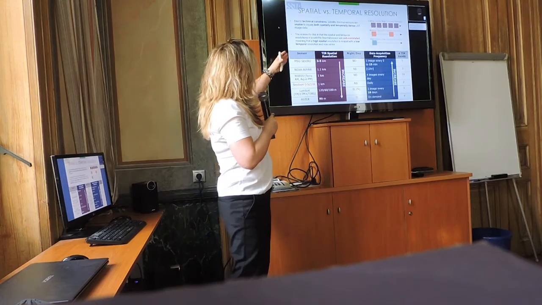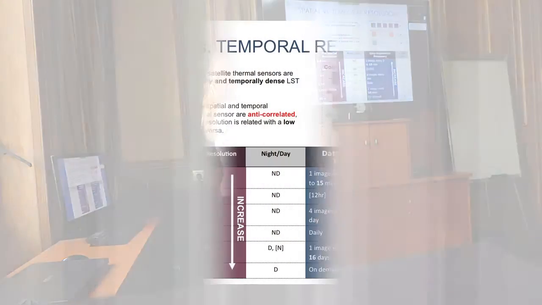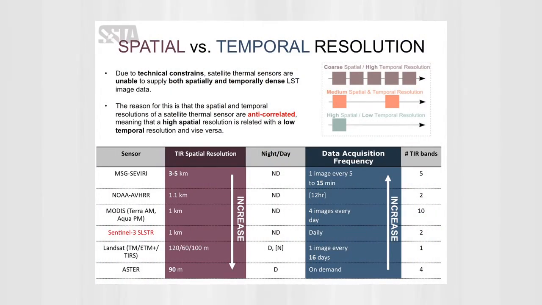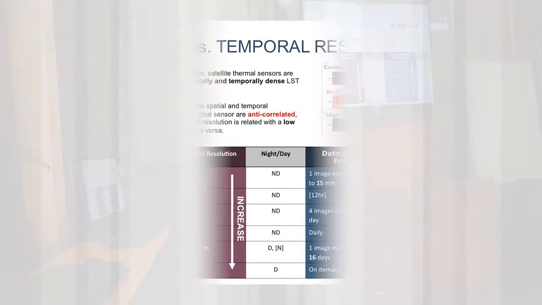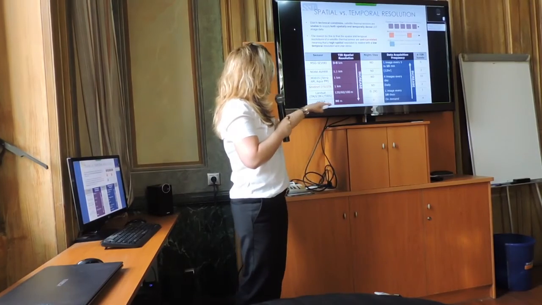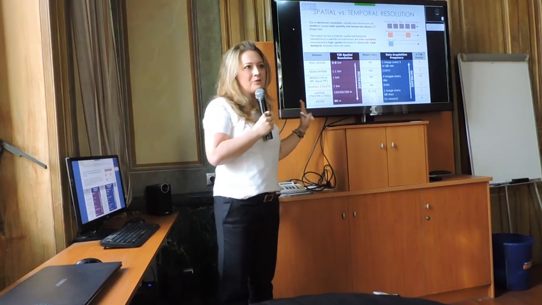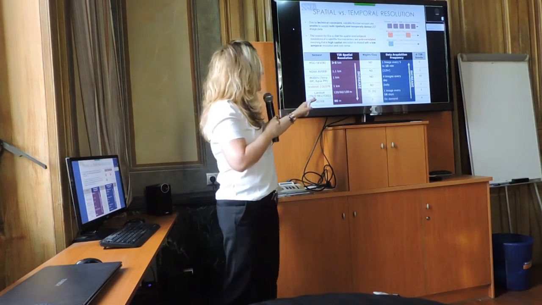When you increase the spatial resolution, so the coarse would be 3 to 5 kilometers from SEVIRI, and then you would go to 1 kilometer satellites, the most recent one is Sentinel-3 SLSTR, and then to Landsat and ASTER, and that's it. This is the threshold. You cannot go any better with thermal infrared.